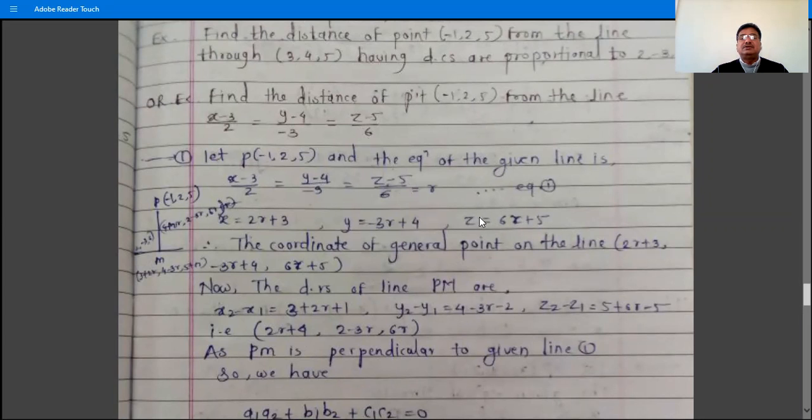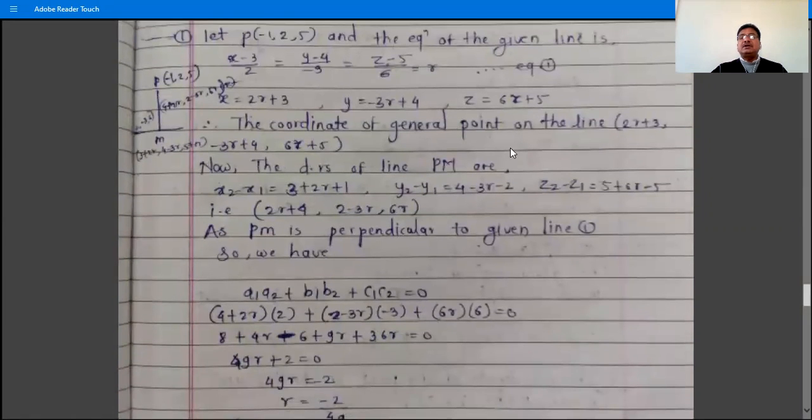So the coordinates of a general point, or any point on this line, are of this form: (2r plus 3, minus 3r plus 4, 6r plus 5).